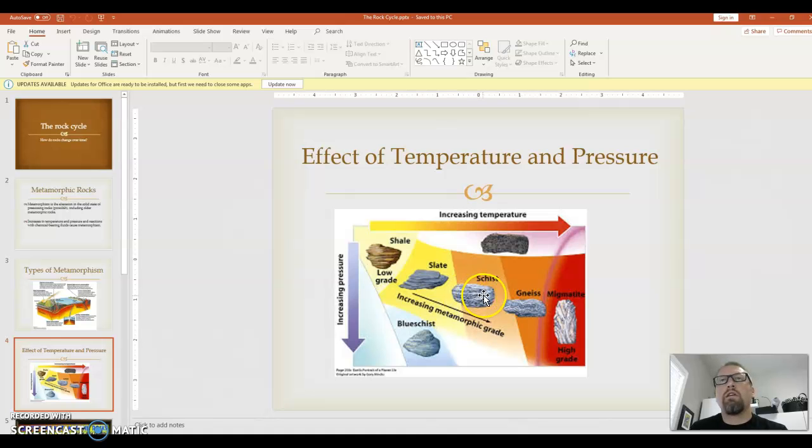And then schist can become gneiss, still a metamorphic rock, and then into migmatite. Okay, now if the temperature and pressure continue to increase, now we're at temperatures that are so high that this rock is going to melt, become magma, and now we're into an igneous rock. It's going to form something like granite. All right, so that's sort of the typical but simplified version of metamorphism.